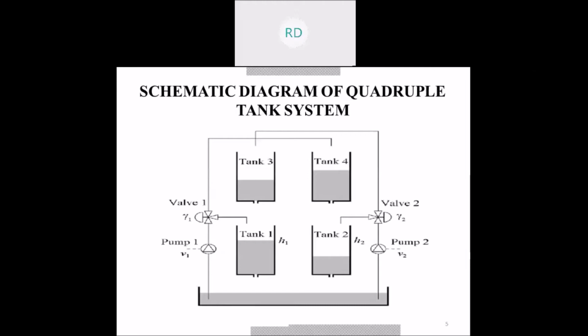Here I am taking 4 tanks: tank 1, tank 2, tank 3, tank 4, and two inputs, pump 1 and pump 2. I'm going to control the level of the lowest two tanks, tank 1 and tank 2, not the upper tanks.